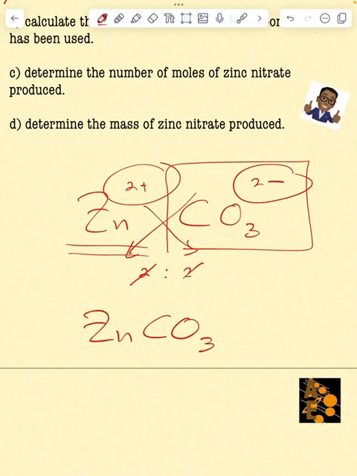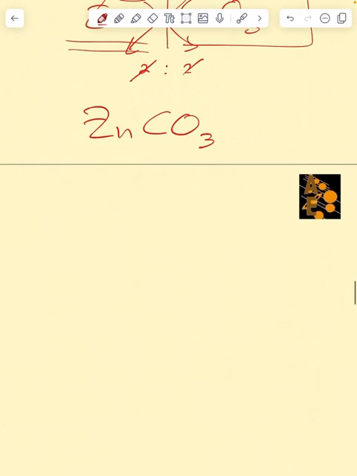So you have zinc carbonate, and you are required to find the molar mass. What's the difference between molar mass and the relative molecular mass? Basically the molar mass is similar, only that molar mass has unit. Your Mr, relative molecular mass, of zinc carbonate does not have unit.